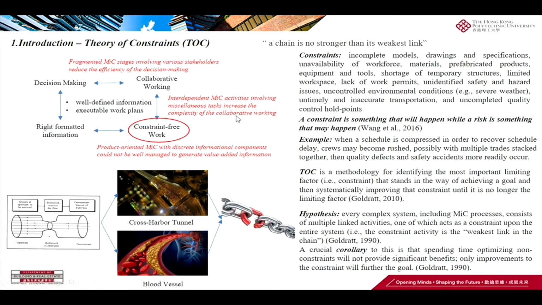So these issues are what I named constraints, which are the incomplete models, drawings, and specifications, and the workforce, materials, and the lack of work meets, as well as unidentified safety and hazard issues.